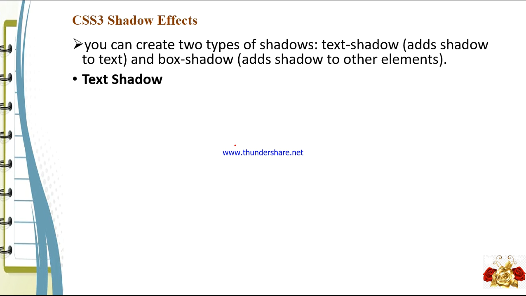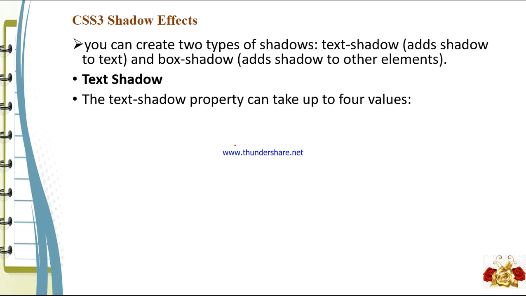First we are going to discuss text shadow. The text shadow property can take up 4 values. What are the 4 values? The first one is horizontal shadow, then vertical shadow, and the blur effect, and the color.